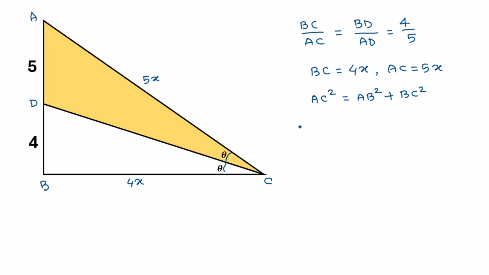Now substituting all values, AC is 5x, so 5x whole square is equal to AB square. AB is equal to AD plus DB. This AD is 5 and DB is 4, so AB will be 5 plus 4, 9 units. So this is 9 square plus BC square. BC is equal to 4x, so 4x whole square.